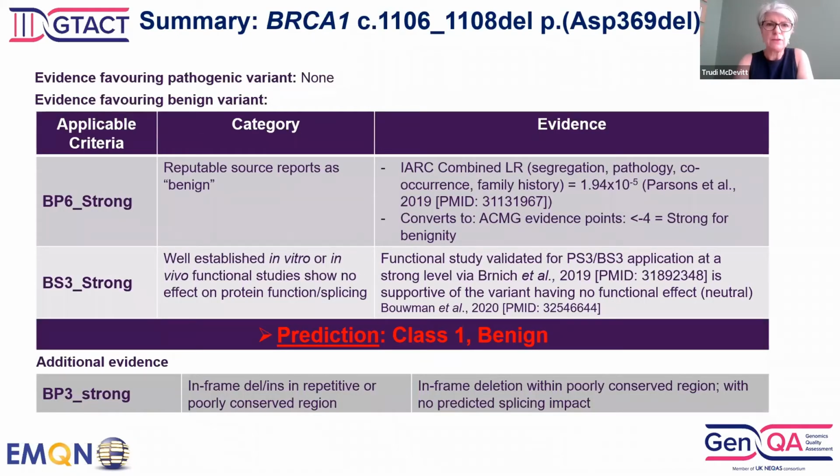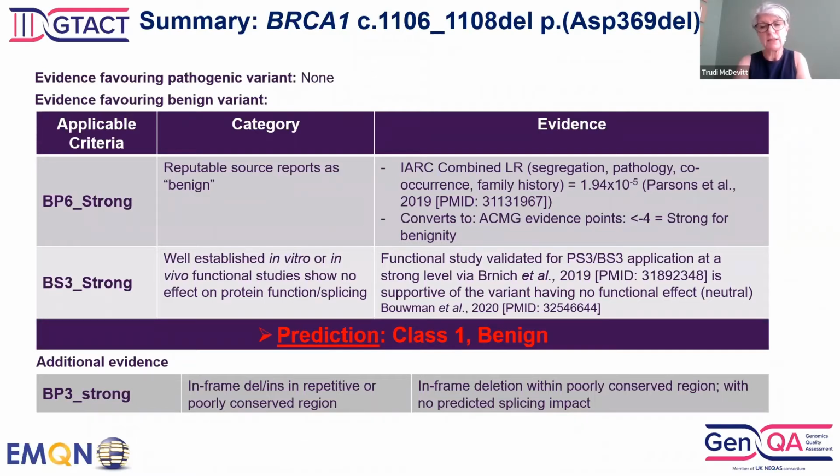So there was no evidence favouring pathogenicity, and for benignity, we applied BP6 at a strong level, similar to the previous variants, by extracting the multifactorial data from the ENIGMA submission in Parsons et al.